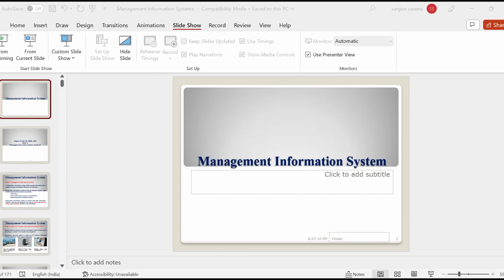This means that this MIS is not for everyone, it is for the persons who are working at a managerial level. Managerial level means they have to take important decisions, and based on those decisions they decide how to run that organization, which should be effective and efficient.